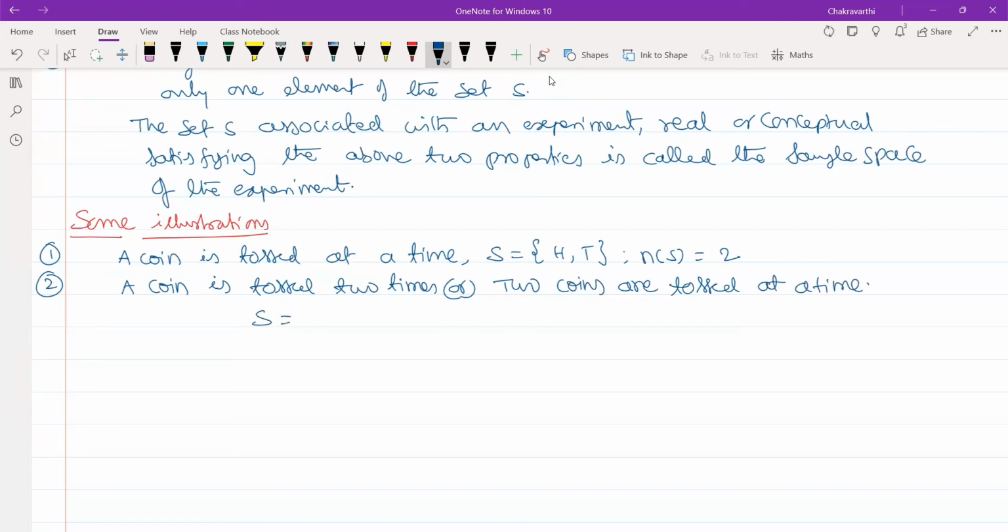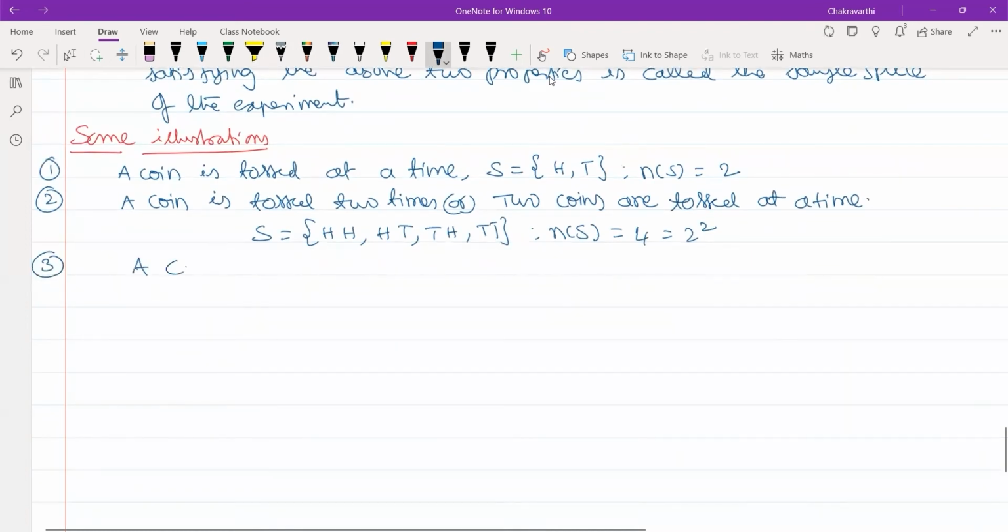The sample space will be HH, HT, TH, TT. These are hypothetical figures, hypothetical population. Number of sample points in the sample space is 4, that is 2 squared.